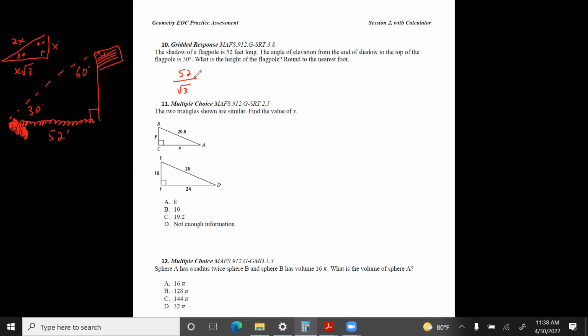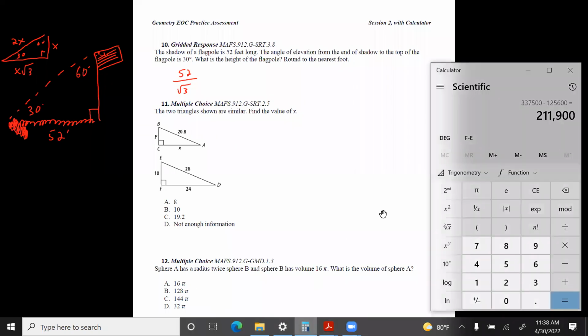Now, normally we would have to rationalize the denominator, but since it says round to the nearest foot, you can just plug this one into the calculator. So we have 52 divided by 3. And again, I have to change that to the square root, and then make sure I hit my equal.